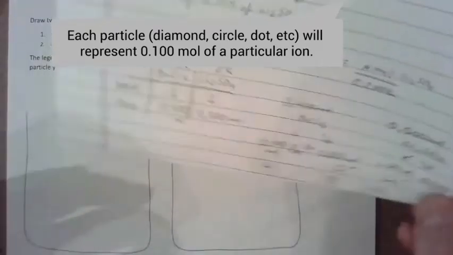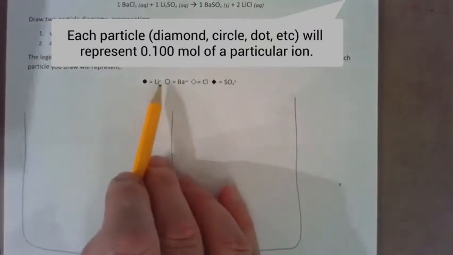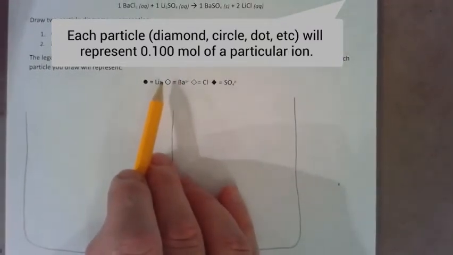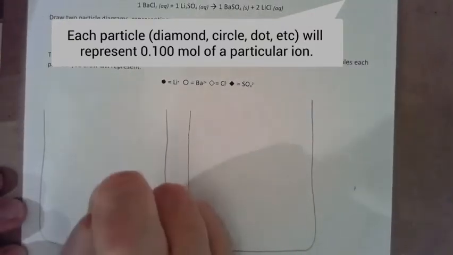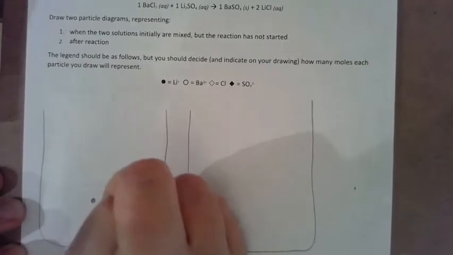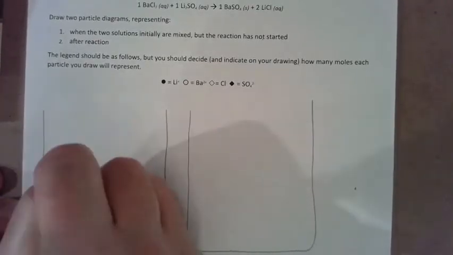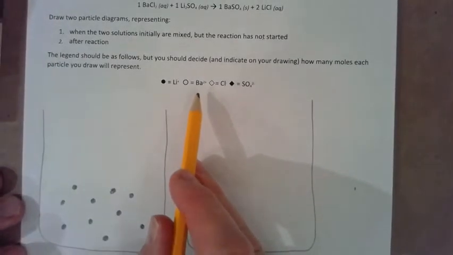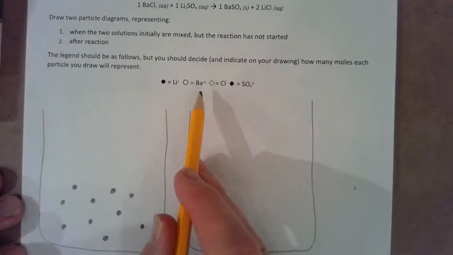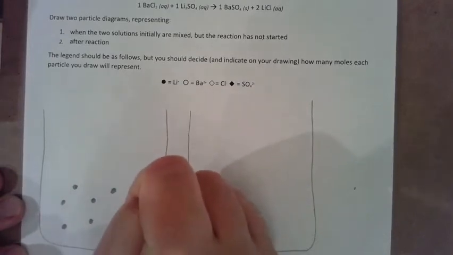So we're going to go ahead and draw that now. You have the legend already there, so we said we had 10 lithiums, so bear with me when I draw the 10 dots. 1, 2, 3, 4, 5, 6, 7, 8, 9, 10. We have 0.4 moles of barium, so that would be 4 of these hollow circles.